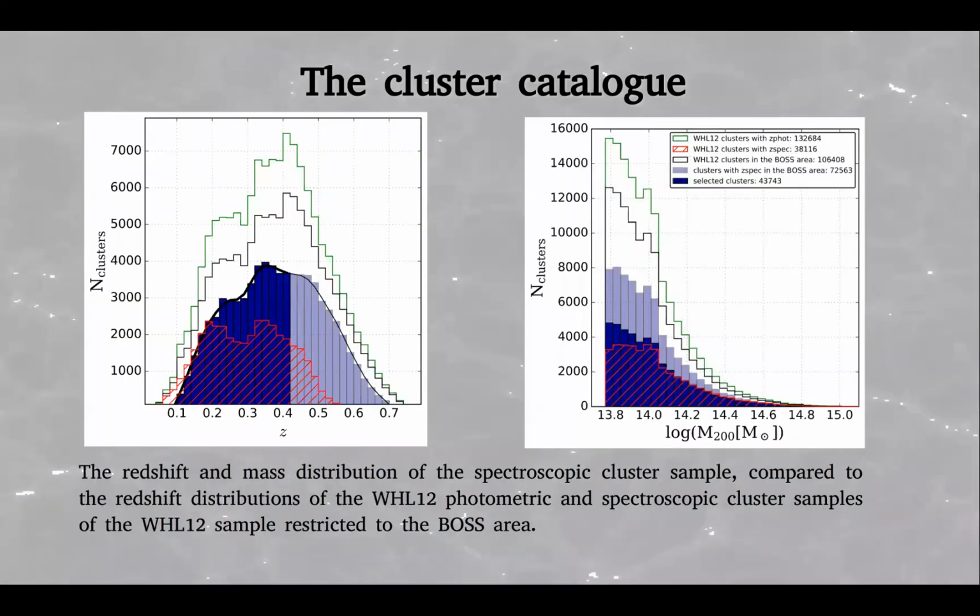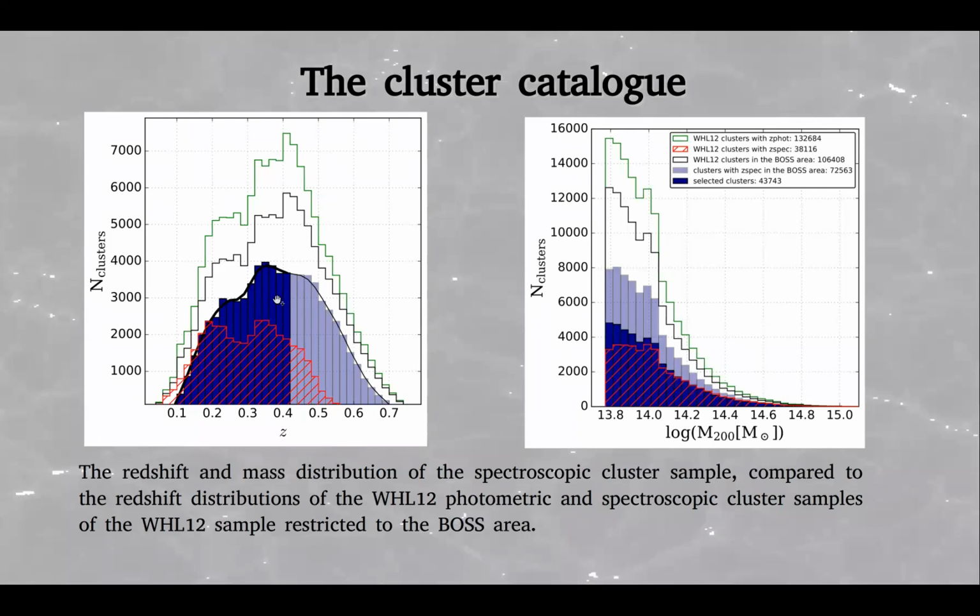And these are the redshift-mass distributions of our sample in the different cases. So the green was the original photometric sample, and then the black is the clusters in the BOSS area. Red ones are the spectroscopic sample selected in the original paper.